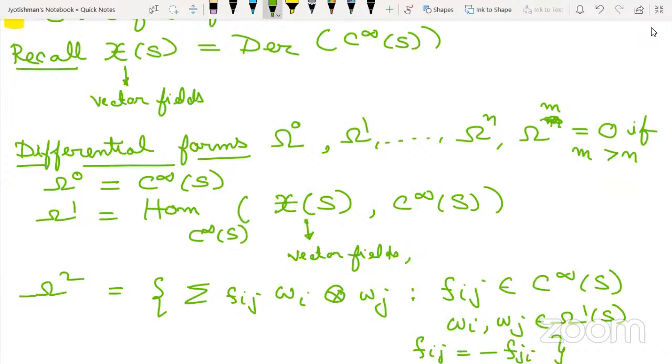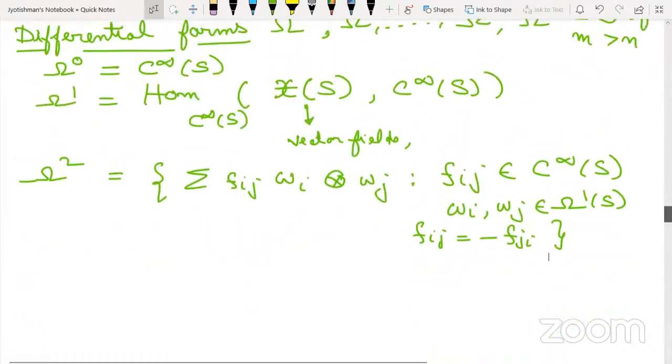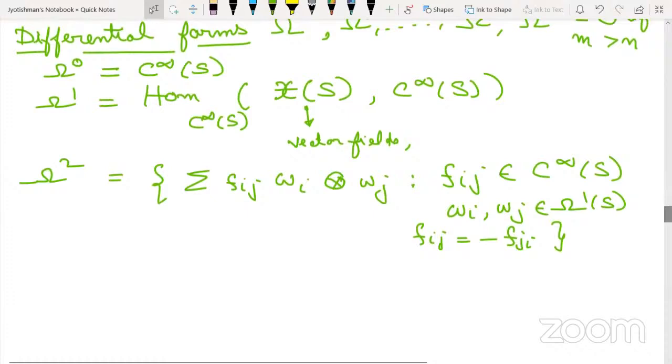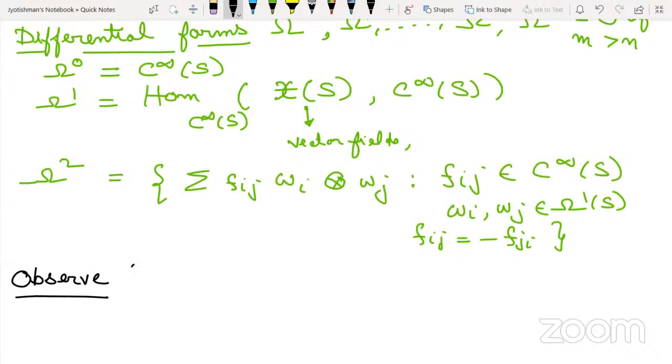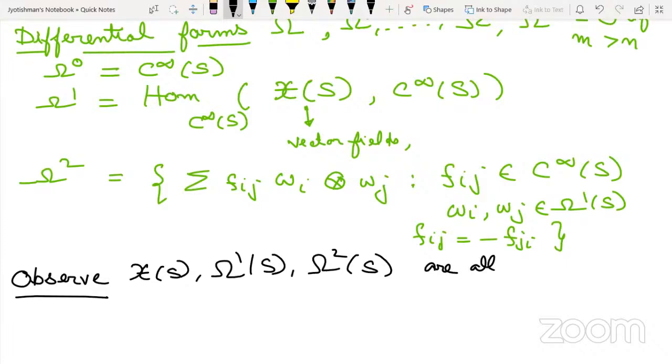Okay, so these are the antisymmetric two tensors. Moreover, I will ask you to observe that chi S, omega 1 S, omega 2 S are all C infinity S modules.